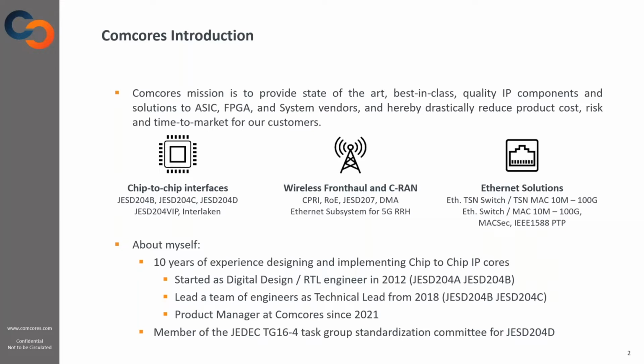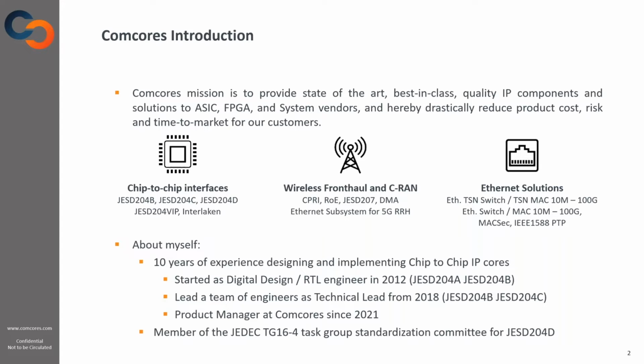And shortly about Comcores, an introduction to the company. We have a mission of providing best-in-class IP cores to help our customers build fantastic projects and products. Our solutions are silicon agnostic for ASIC, FPGA and others, and we hope to drastically reduce the cost and risk for our customers. We stand on 3 legs.